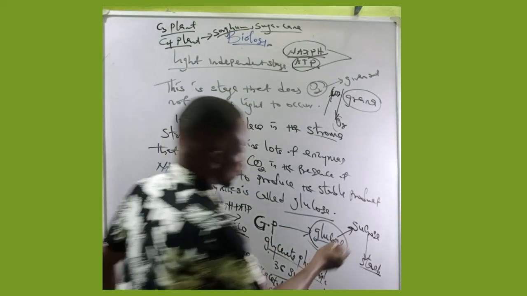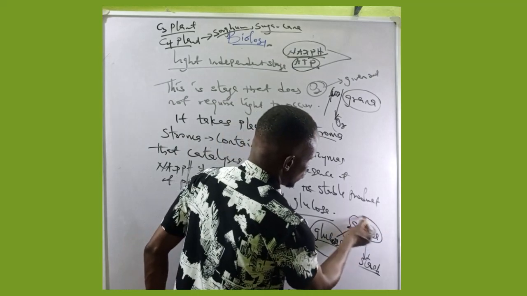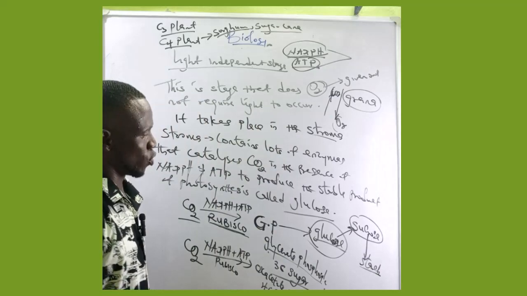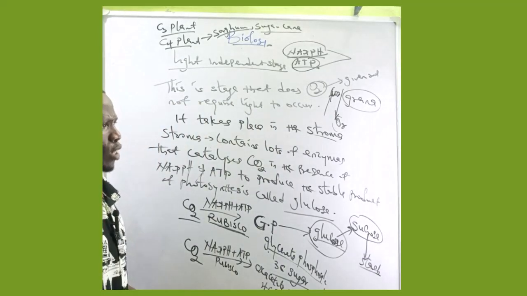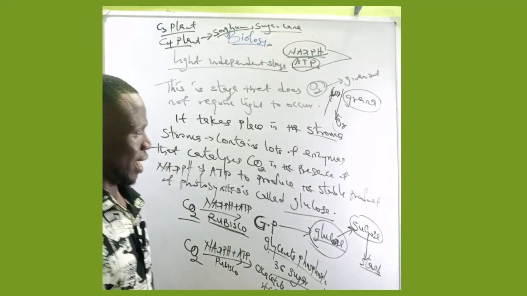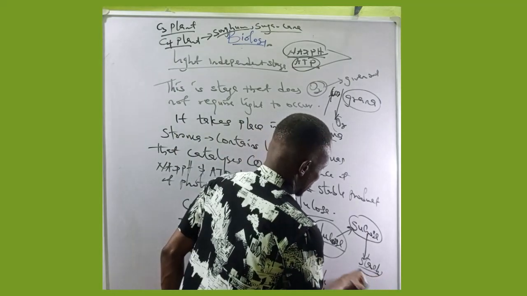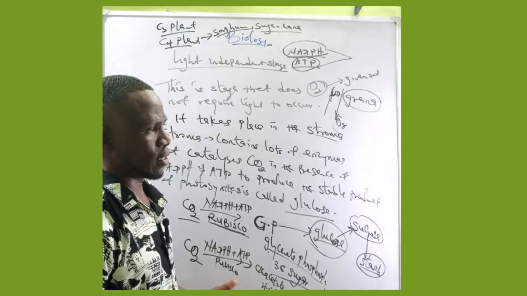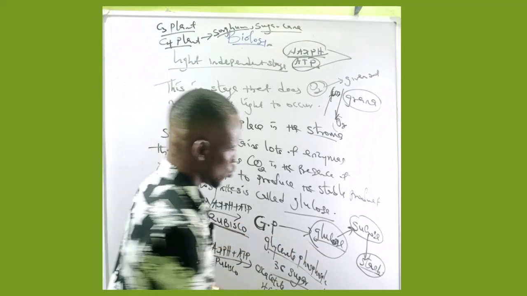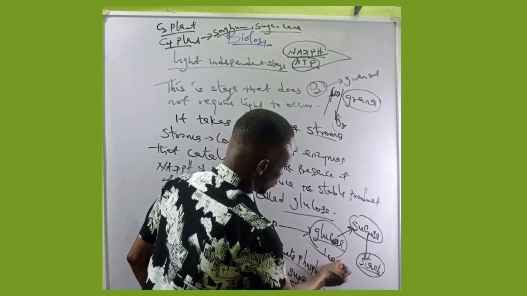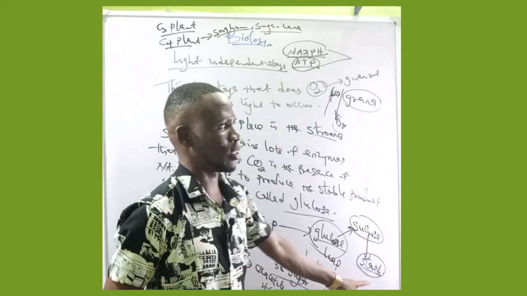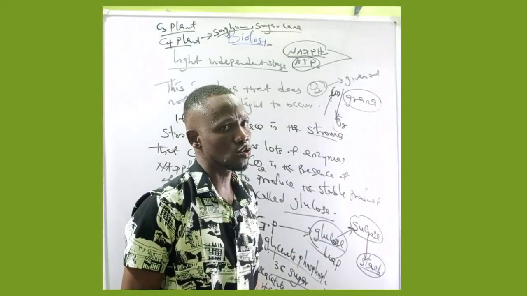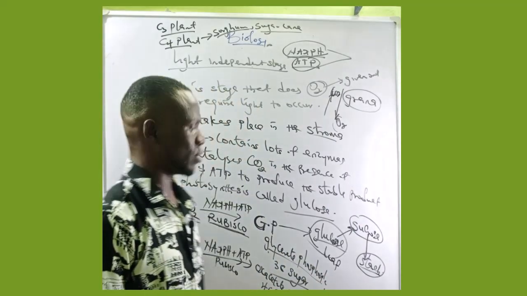The sucrose produced is transported by the process of translocation, which we are going to see when we talk about transport in plants, and is stored in any part of the plant, depending on the kind of plant. So glucose is produced in the leaf, but can be stored in any other part of the plant, even at the root or at the stems.